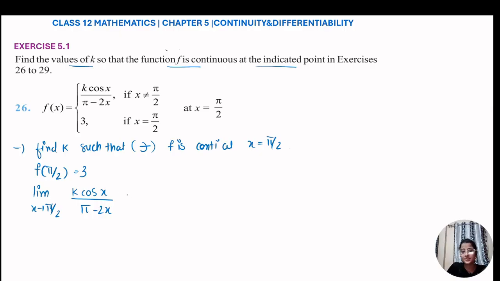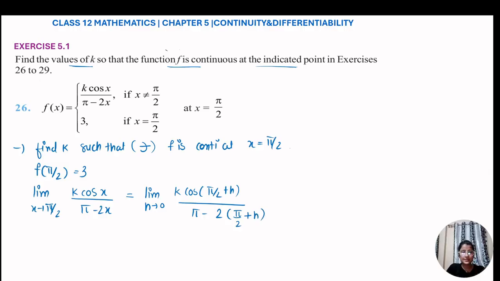So in this case, what you can do is change your limit to limit h tends to 0. This method always works when you have trigonometric functions. So h tends to 0, k cos of, change your x to pi by 2 plus h, divided by pi minus 2 times, in place of x, pi by 2 plus h.